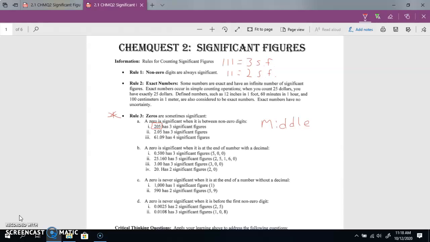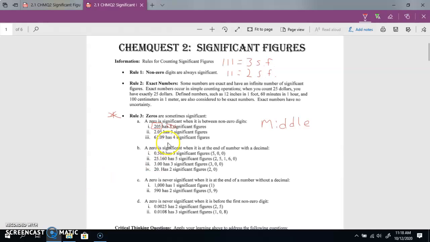So we know that the number 205 has three significant figures. Likewise, the number 2.05, the 2 and the 5 are significant because of rule 1. 3a, this zero is significant right here because middle zeros are always significant. So 2.05 would also have three significant figures.